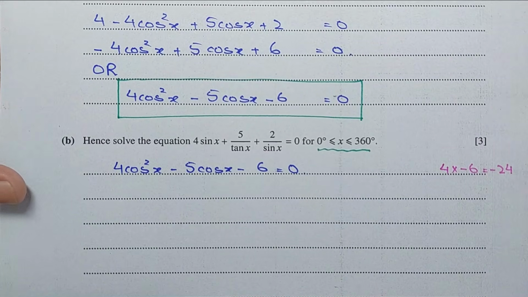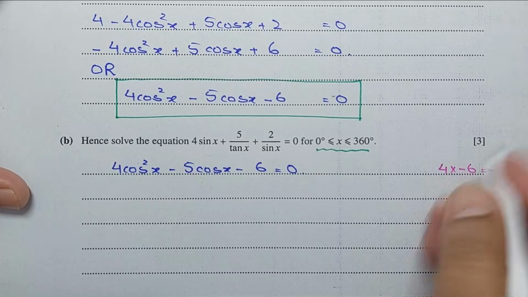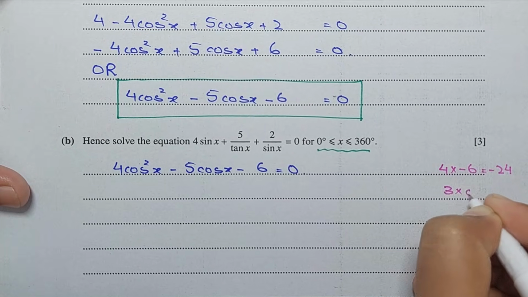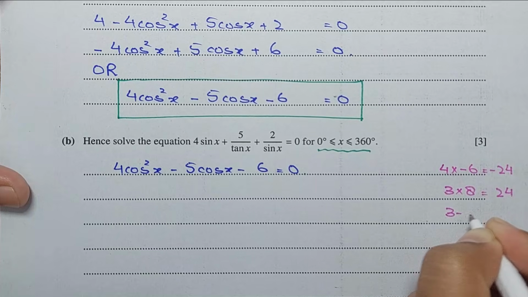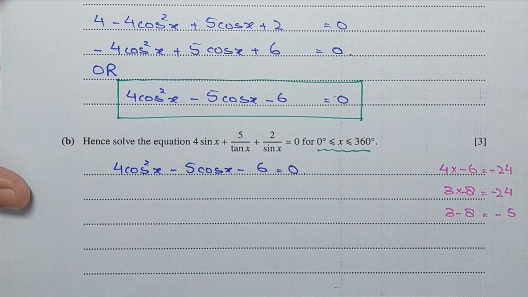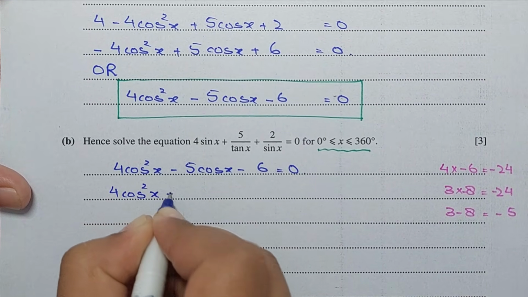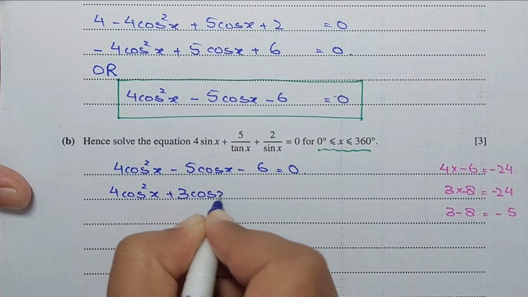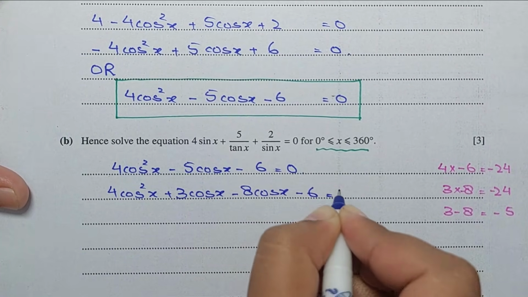When you add them or subtract them, you will get the answer negative 5. So we can say 3 times 8 is 24, and if you do 3 take away 8, we have minus 5. Yes. So break the middle term. We have 4 cos square x plus 3 cos x minus 8 cos x minus 6 equals to 0.